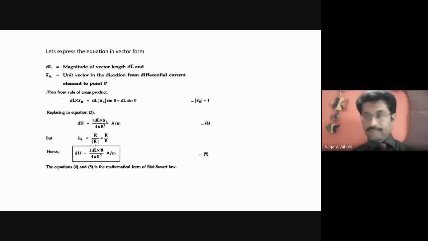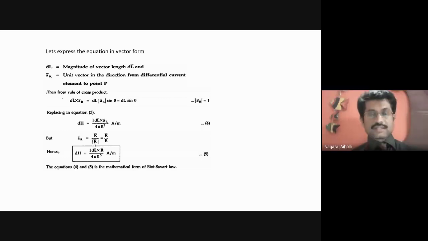Yes, the given vector divided by the square root of the sum of squares of the coefficients of the unit vectors. Yes, correct. So we are dividing the given vector by the square root of the sum of squares of the coefficients of the given vector. That gives nothing but the unit vector.